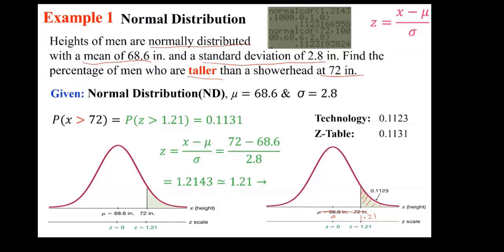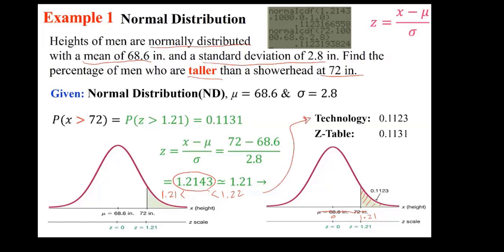And the reason the numbers are different than the z-table, remember the z-table has limitations, and the limitation is to use 2 decimals. But even with that, if you pay attention to the fact that this number is between 1.21 and 1.22, so you look up both of them, and you go somewhere in between, then it will become very close to what the technology gives us.